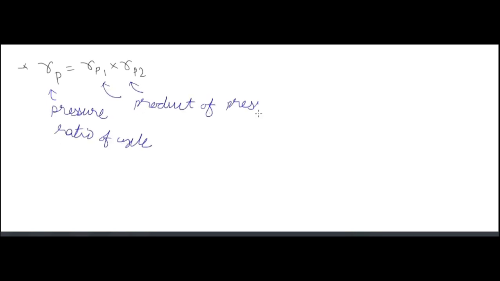That means the pressure ratio for the cycle is equal to the product of the pressure ratios of the low pressure and high pressure compressor, or the low pressure and high pressure turbine, that is the pressure ratio of compression and the pressure ratio of expansion.